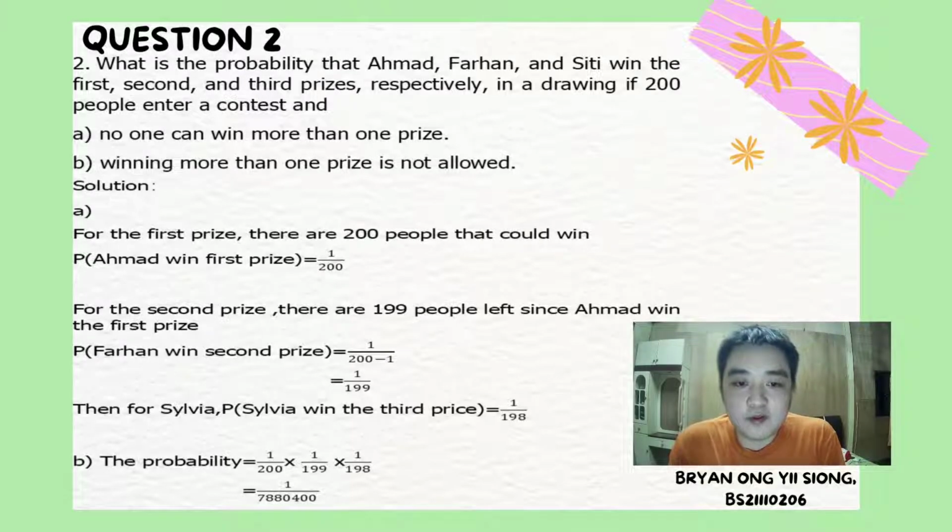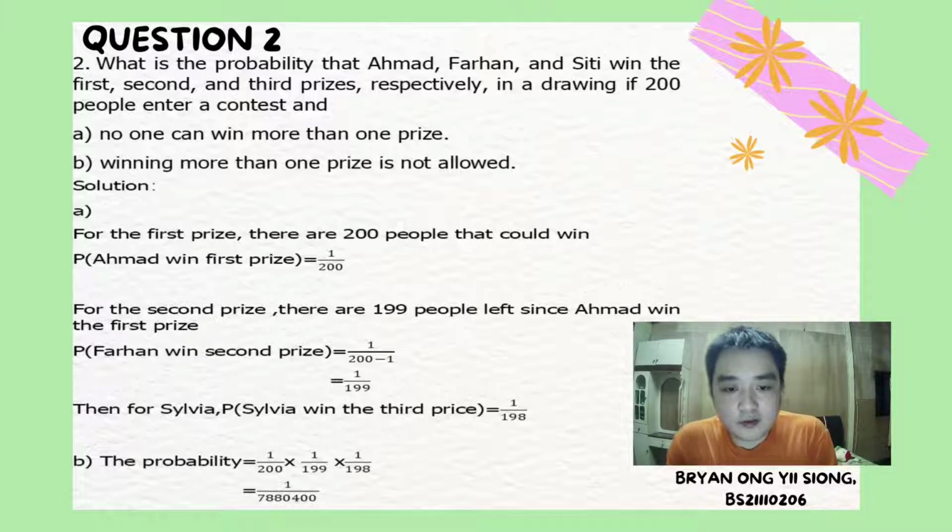So the probability for Farhan to win the second prize is 1 over 200 minus 1, which equals 1 over 199. Then for Siti, we use the same step as above.